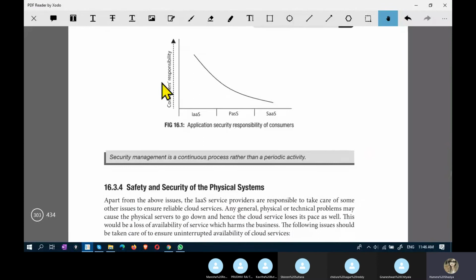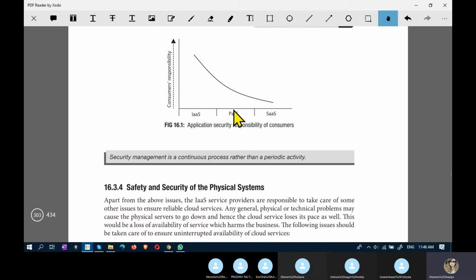Look at this graph. This graph shows the magnitude of the consumer's responsibility. At IaaS level it is very high, at SaaS level it is quite low, and at PaaS level it is moderate.